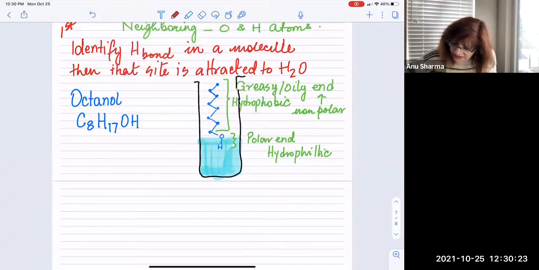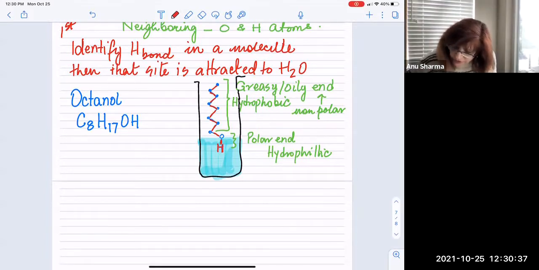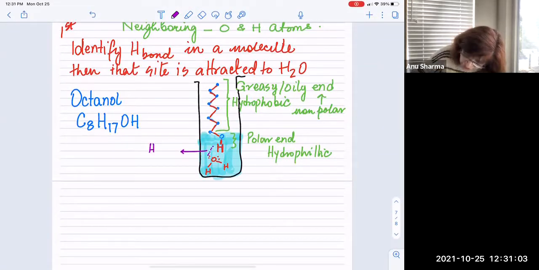So we see 2, 3, 4, 5, 6, 7, and then oxygen, and then here you have the hydrogen. The OH part will go into the water, and the other part remains on top. Inside the water is oxygen here, hydrogen here. So this oxygen and this hydrogen are attracted to each other. This is the hydrogen bonding.